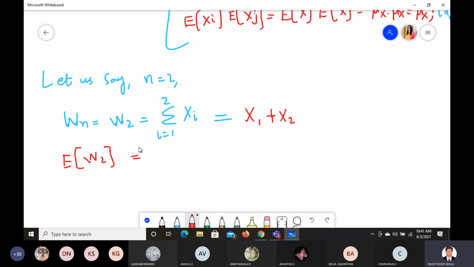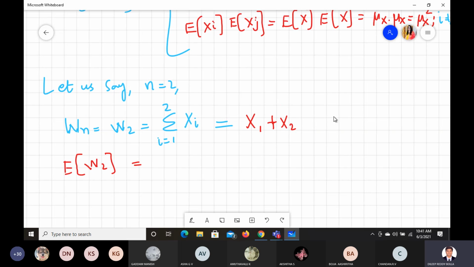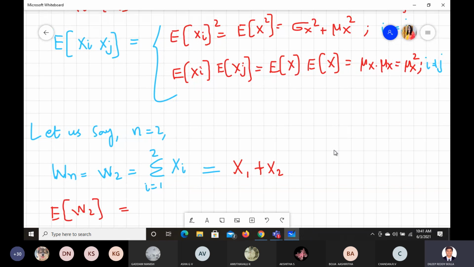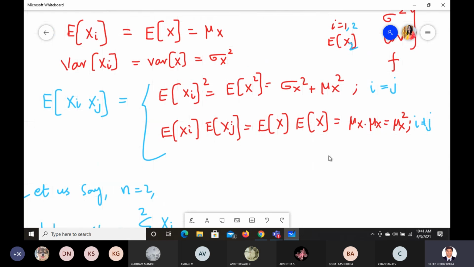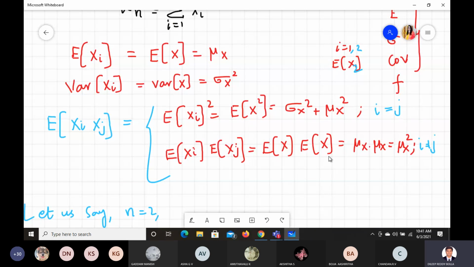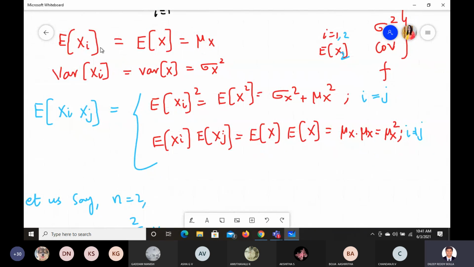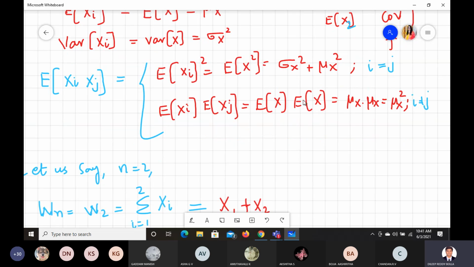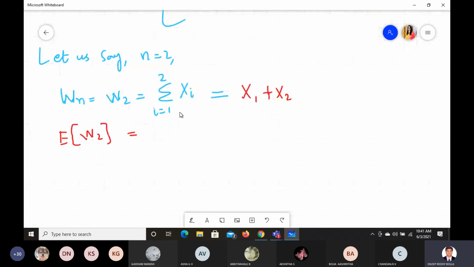What do we get from this expression? Look at this and tell me. How do we get it? For one of them, expectation of x, we are getting mu x. If that is 2, we have to add that, right?